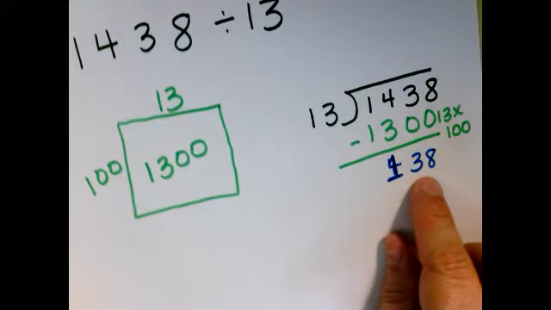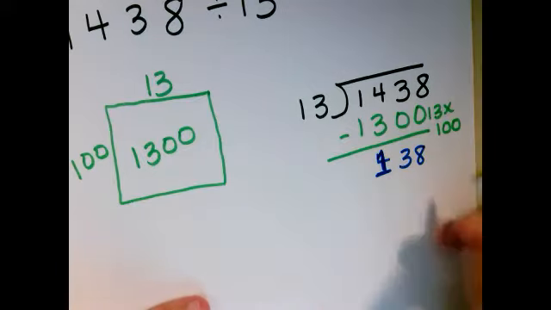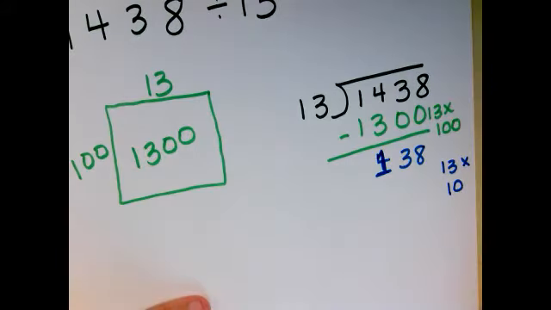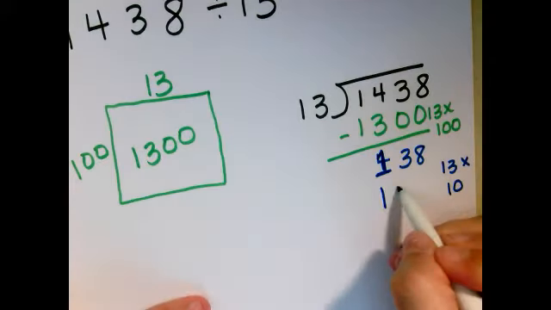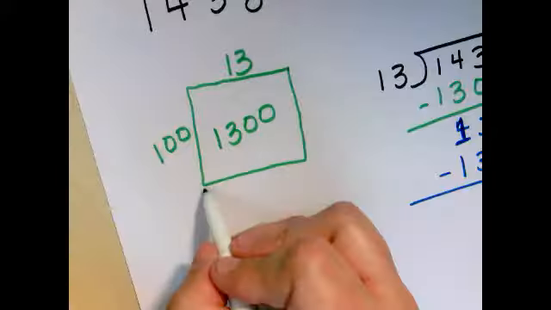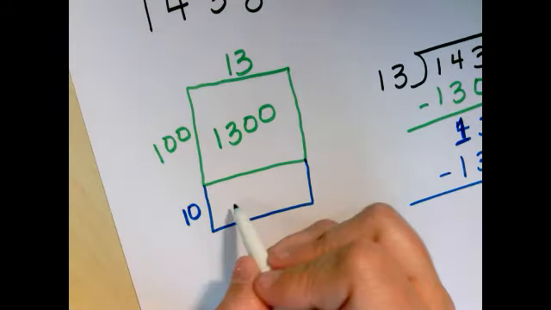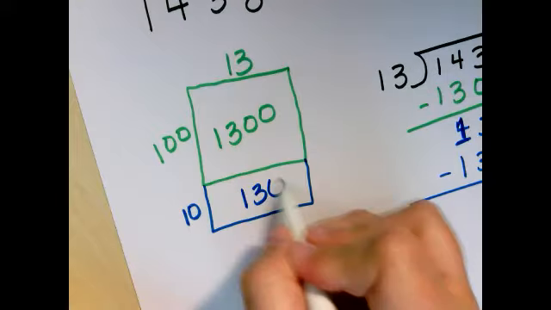Well, what fact could I use to get close to 138? Well, I could use 13 times 10. And that is going to get me to 130. So over here in my area model, I know that I just multiplied times 10, and I ended up with 130.